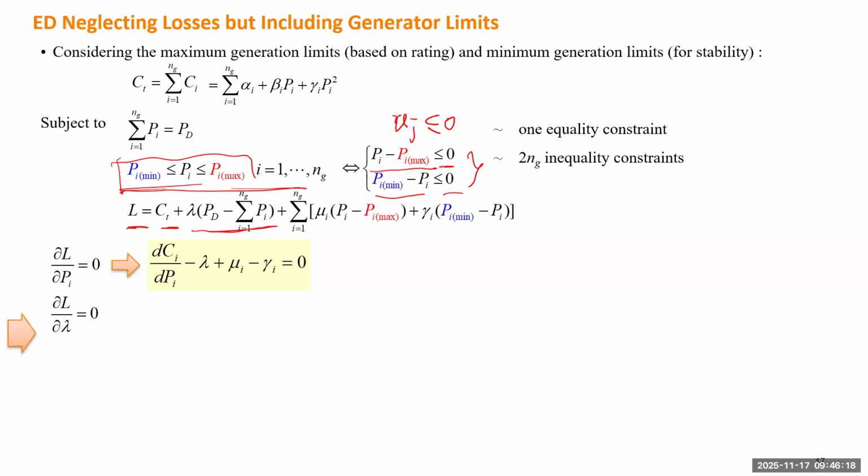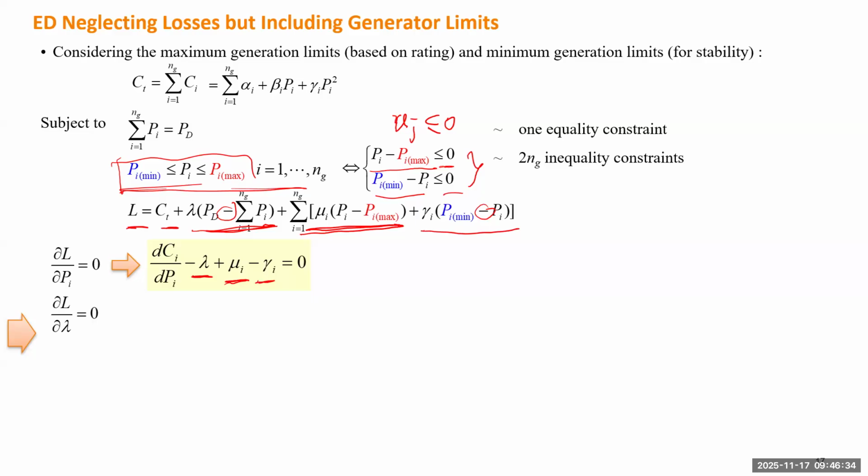So this one is related to Pi, and there's a negative sign, so there will be a negative lambda. And this item is also related to Pi, so that's a positive mu. And this item is related to Pi, there's a negative sign, so it's a negative gamma.